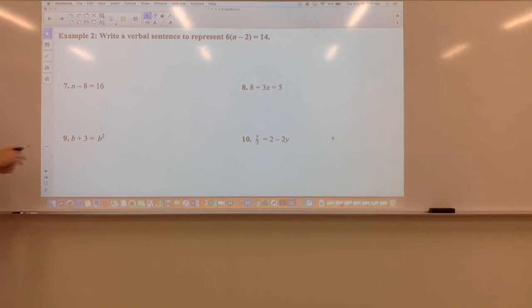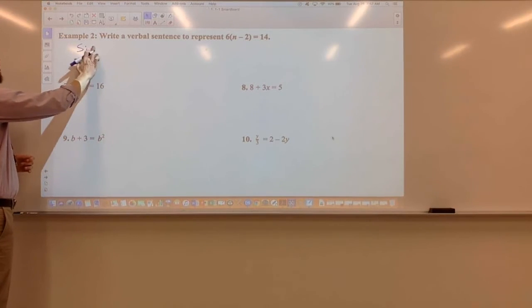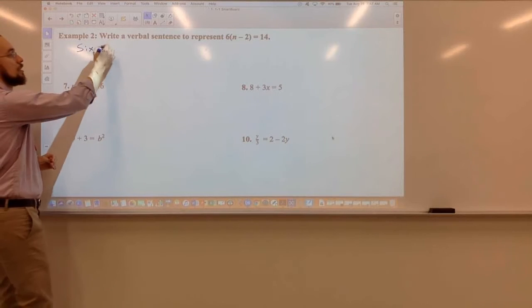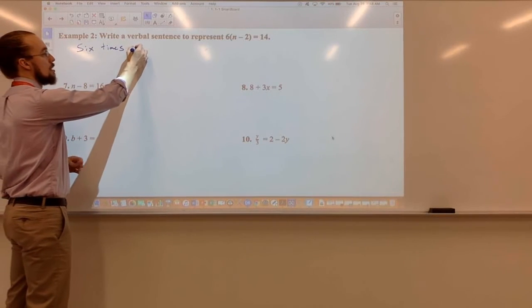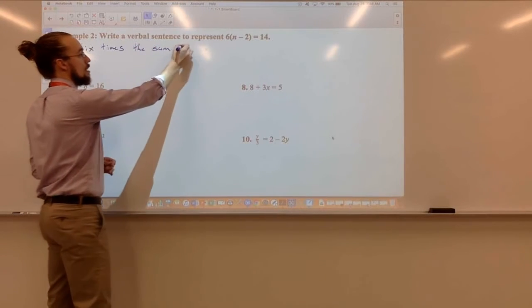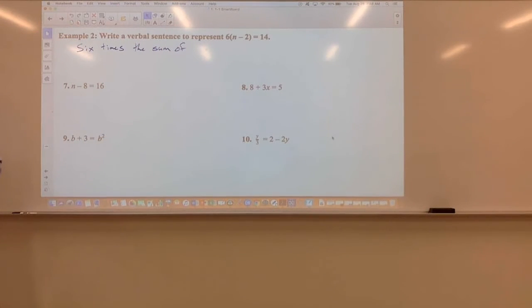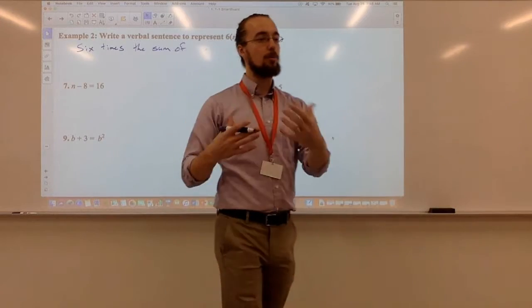6 times the sum minus 2 is 14. Say that again. 6 times the sum minus 2 is 14. I think you left out one part. You said times the sum of minus 2, didn't you? We have to include this variable in there. So how did we include a variable?